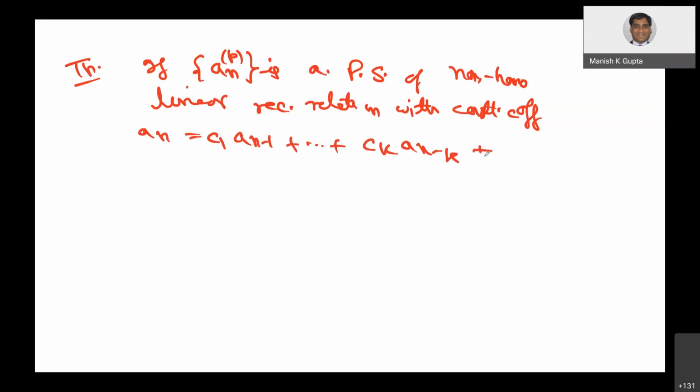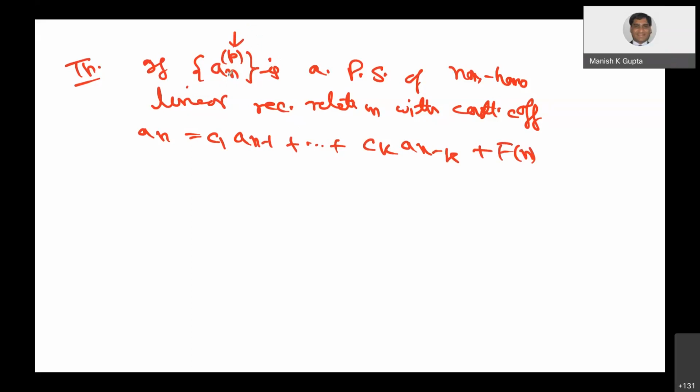Sir, what does p signify over here? P means it is a particular solution, a superscript. a_n is the sequence, with n as a subscript. Basically the solution we are dividing into two parts: the general solution and the particular solution.